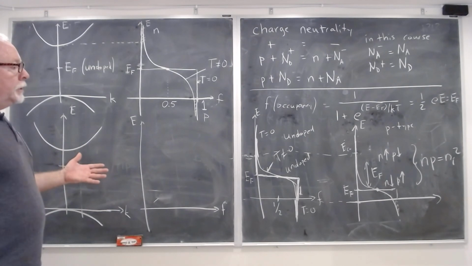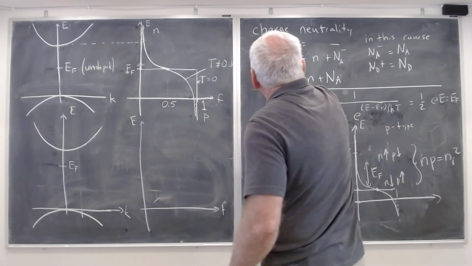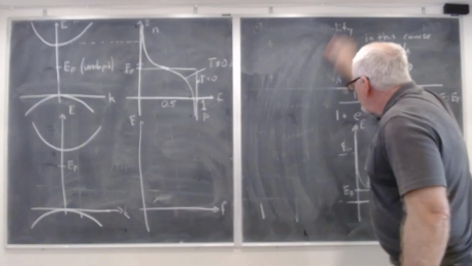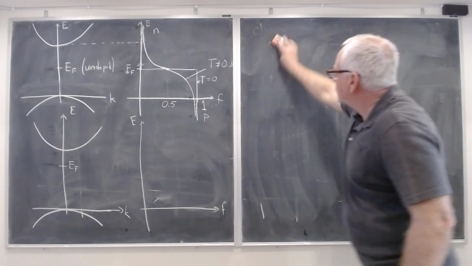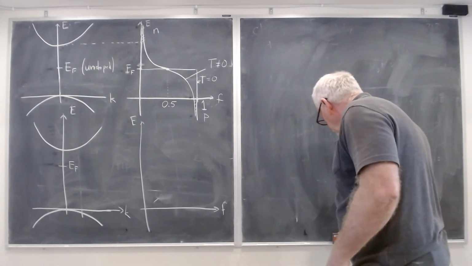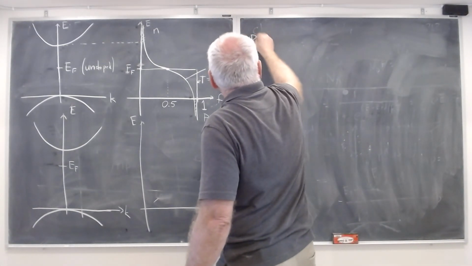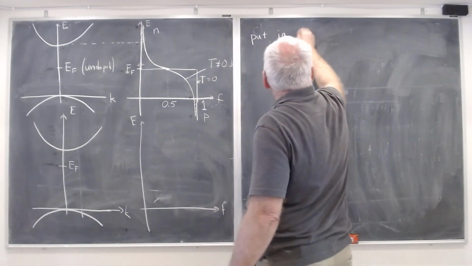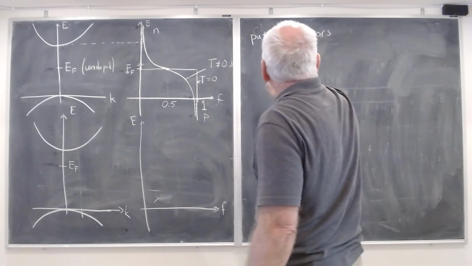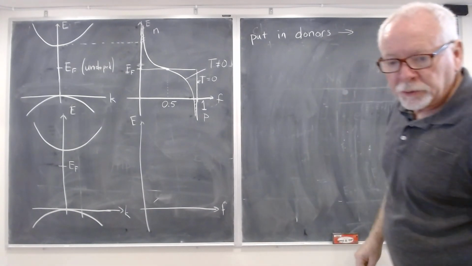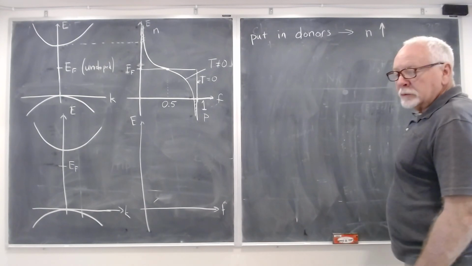So let me write that down over here. If I put in donors, N has to go up, right?